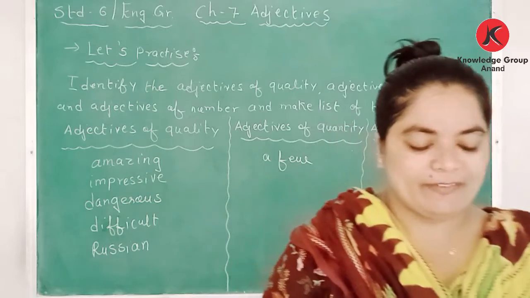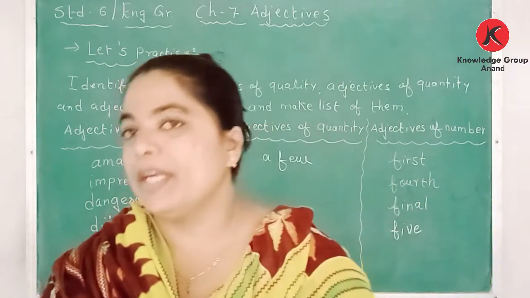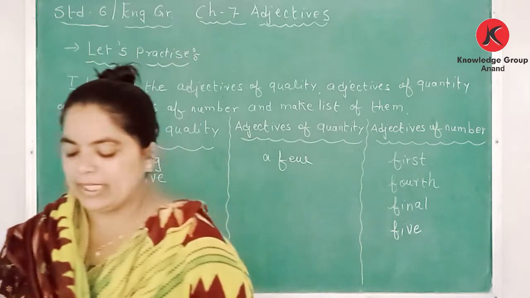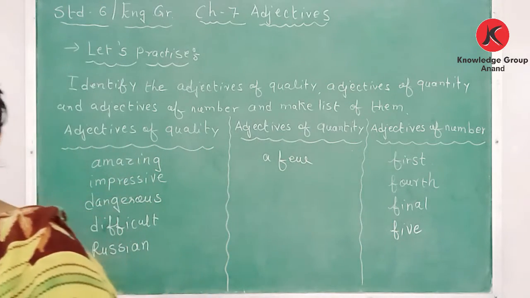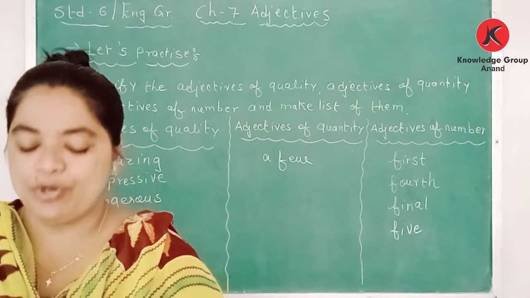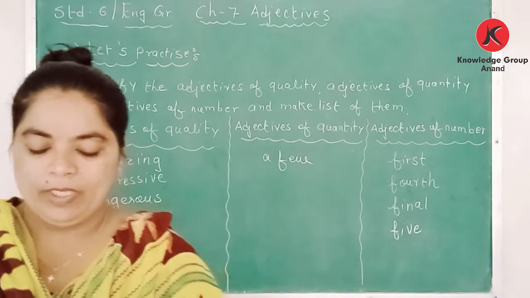So let's go to paragraph 1. "The amazing 23-year-old Deepa Karmakar from Tripura is the first woman gymnast from India to qualify for Olympics."